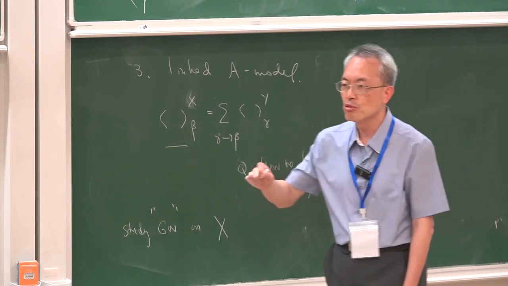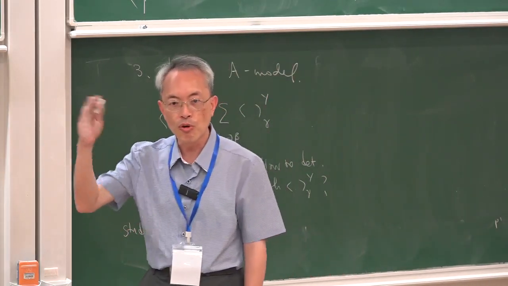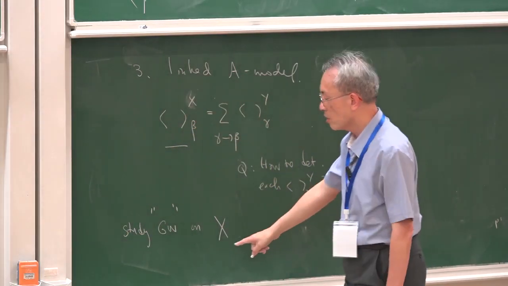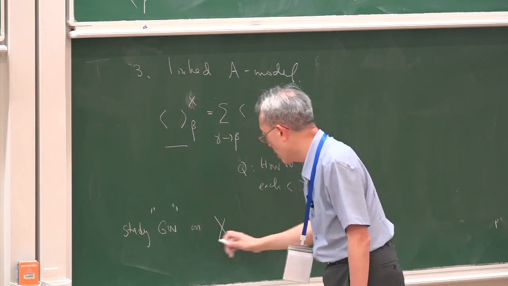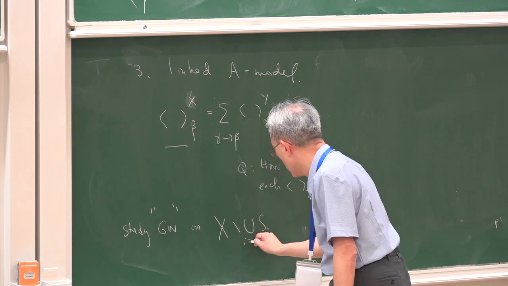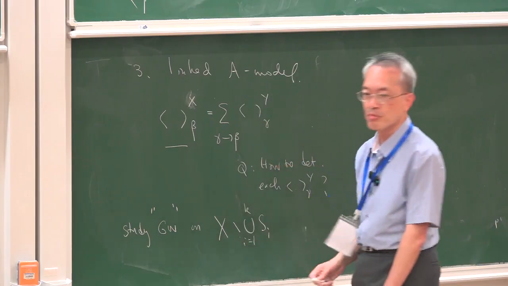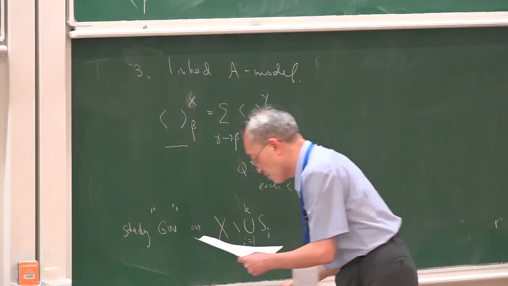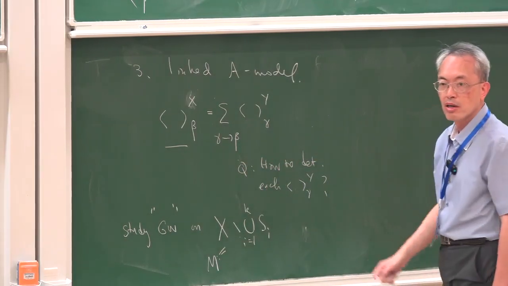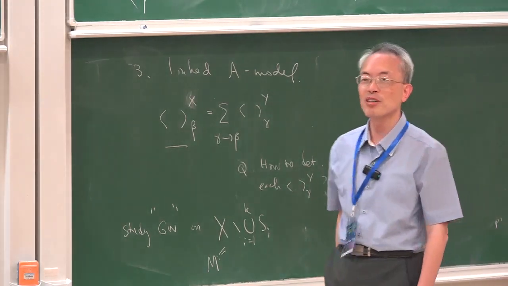So previously you studied the deformation of Y, you removed those rational curves. Now you study your counting function, your counting invariant, but you remove all those vanishing cycles. Of course, this is an open space. So let's call this N. So what does that mean?